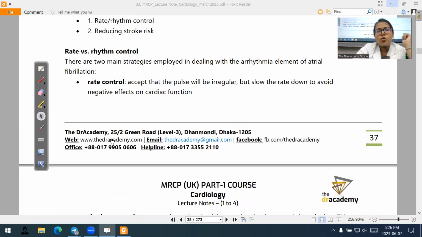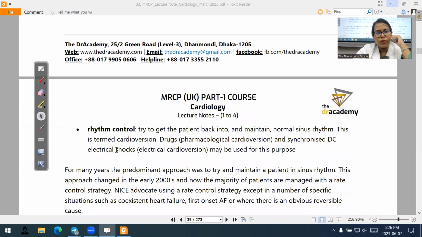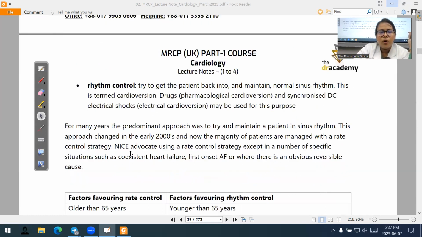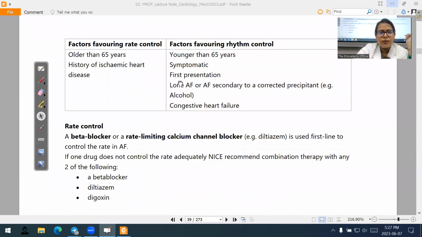All right, so the rate control drug and rhythm control strategy, okay, there are some important factors before we go for the rhythm control strategy. For example, the patient is symptomatic after the rate control, or is a younger patient, less than 65 years of age. Here's a box I'll show you. If you can see this box, younger patient, symptomatic, first presentation of atrial fibrillation, lone atrial fibrillation and no causes, or there are causes but they are correctable, for example pneumonia or alcohol, okay?